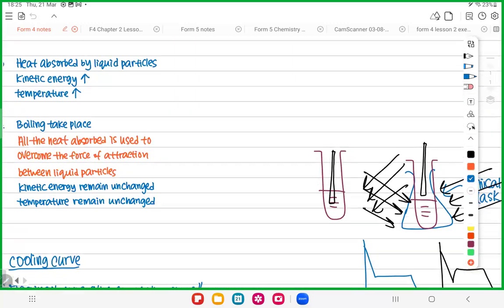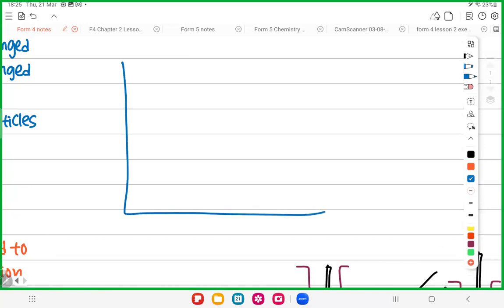So cooling curve is also a staircase, but the staircase is going down. Same thing, maximum 2 staircases. Sometimes we have 2 staircases, sometimes we only have 1 staircase.